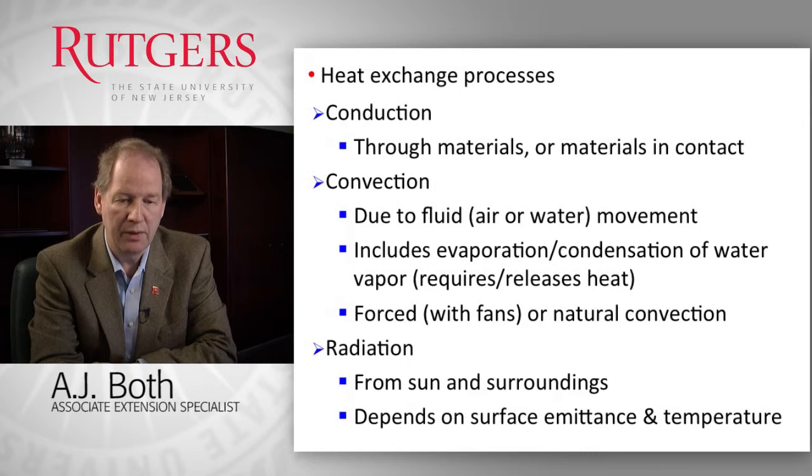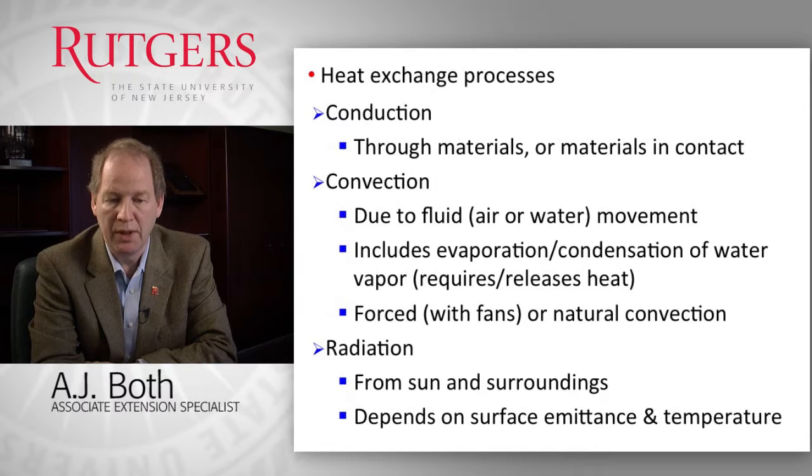Evaporation requires heat, and condensation releases heat. Convection can be either forced, that means with fans, or natural, where air or water moves because of temperature differences. And finally, heat can be transferred through a process called radiation.